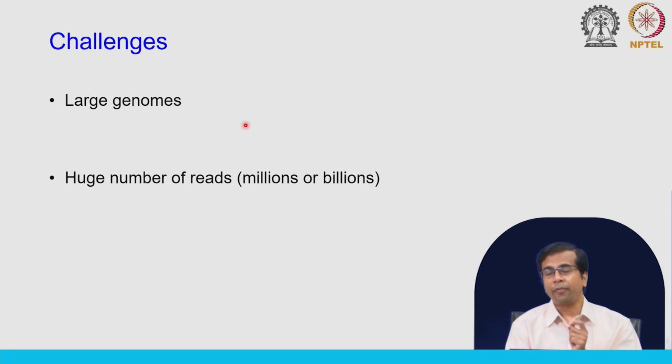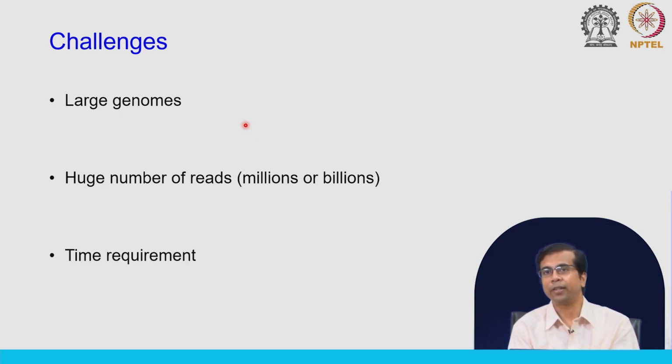If you can visualize in your mind that you have to repeat this process of mapping for each of them, if you have 1 billion reads, for each of them you have to find the position in that big genome. So, on one hand you have these big genomes, meaning many potential locations, and on the other hand you have a huge number of reads. If you combine them together, the problem is the time requirement.